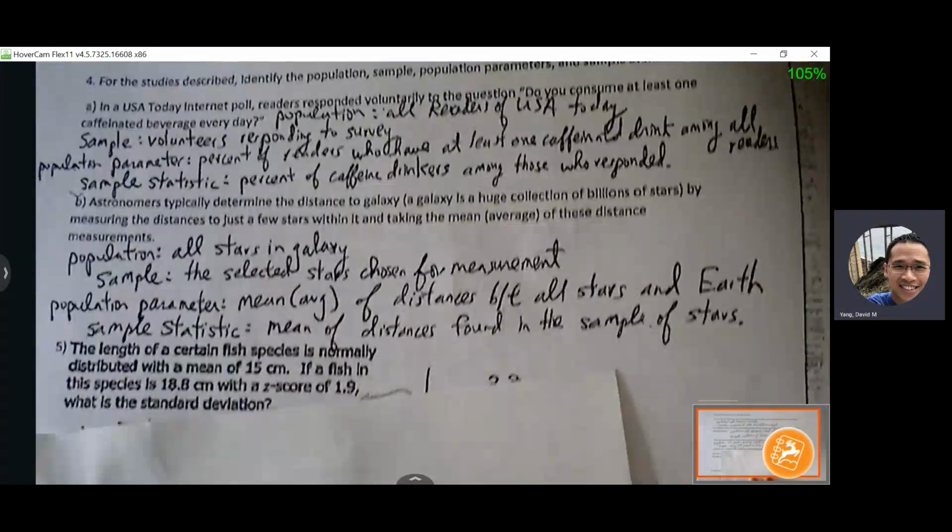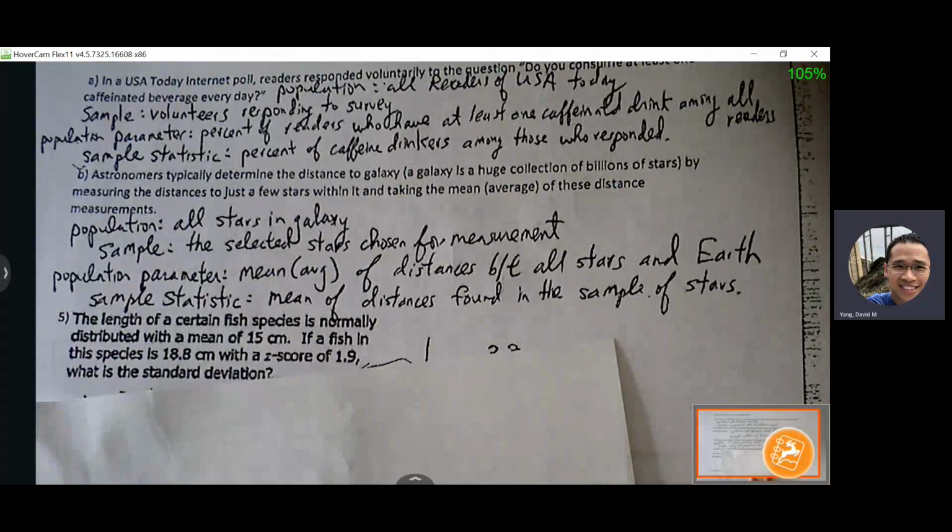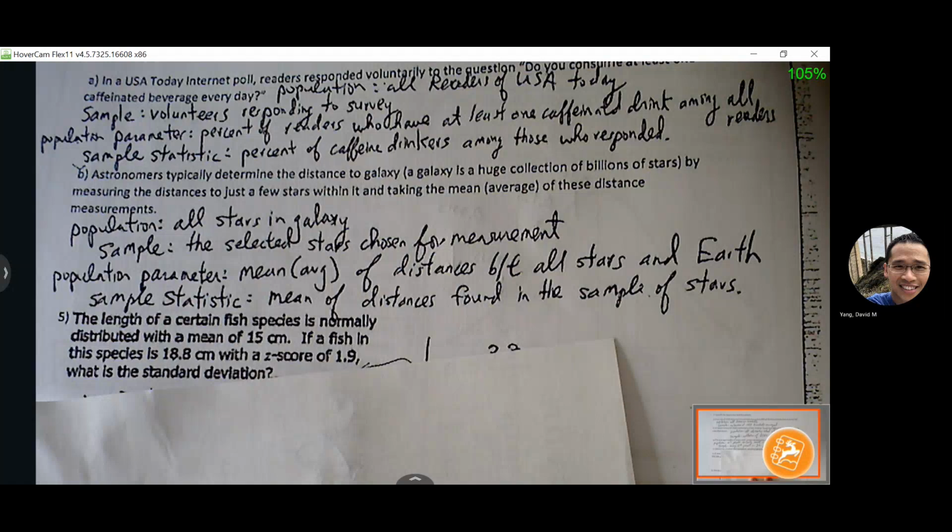Okay, so number 5, back to a more standard problem. The length of a certain fish species is normally distributed with a mean of 15 centimeters. A fish in the species is 18.8 centimeters with a z-score of 1.9. What is the standard deviation? So this is kind of working backwards here. We know the z-score formula, z equals x minus x bar over sigma. You can fill in all the remaining information, and then you're trying to solve for the sigma variable.